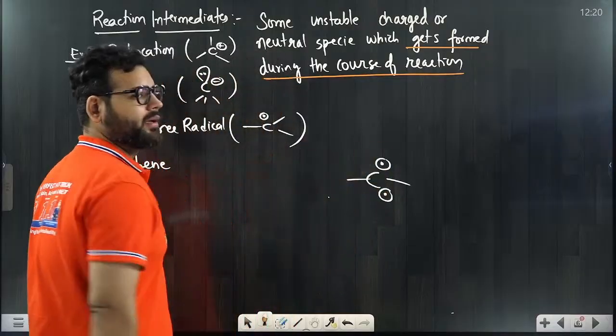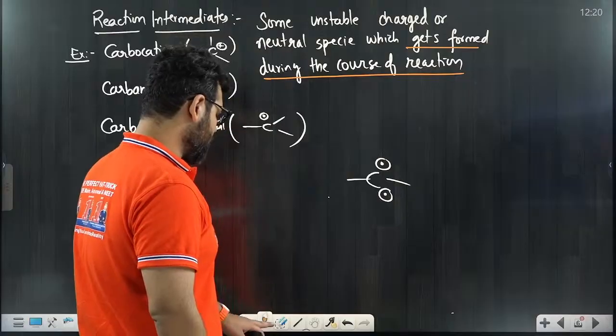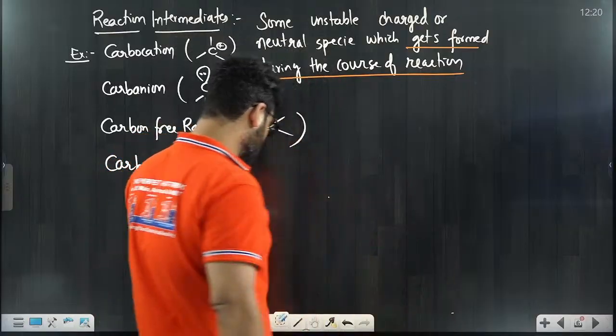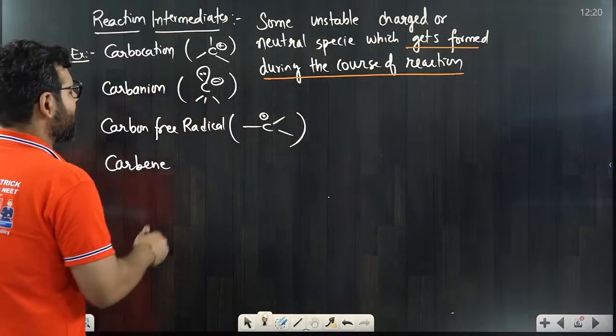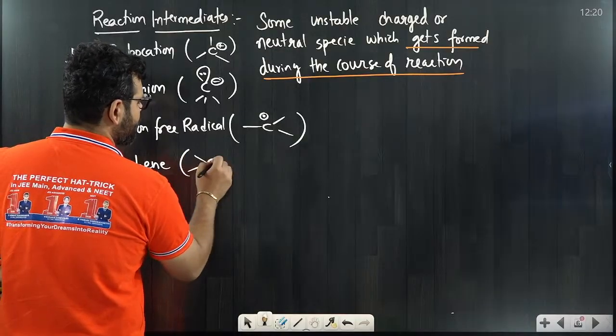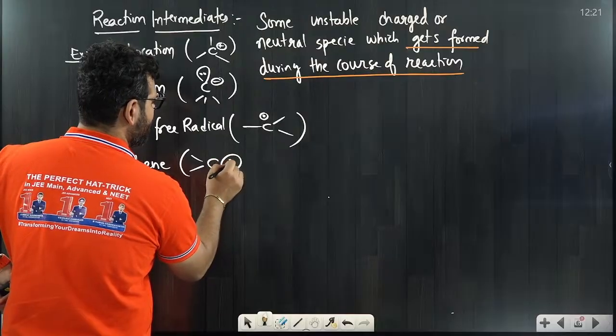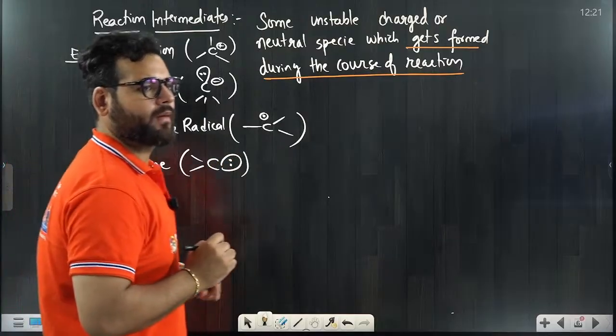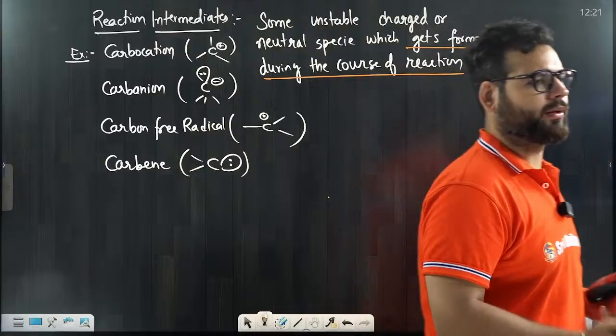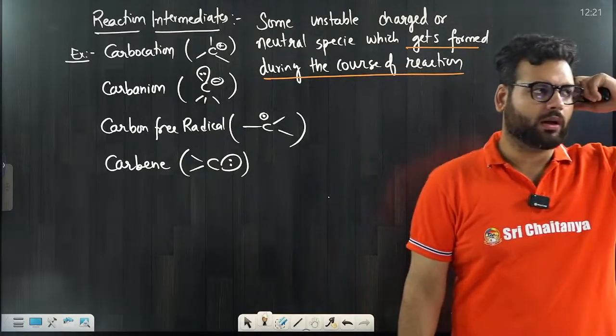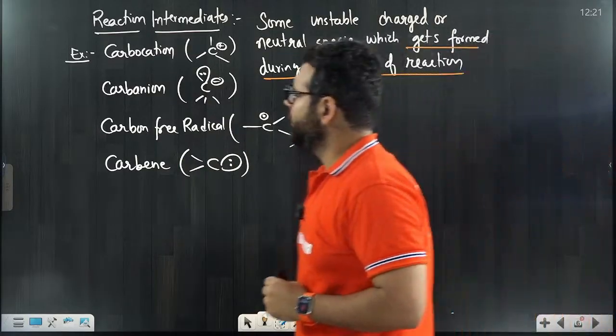This is a carbene, a carbon with 2 unpaired electrons. So a carbene contains 2 bonds and 2 electrons, like CCl2 carbene. This is carbene, not very important.